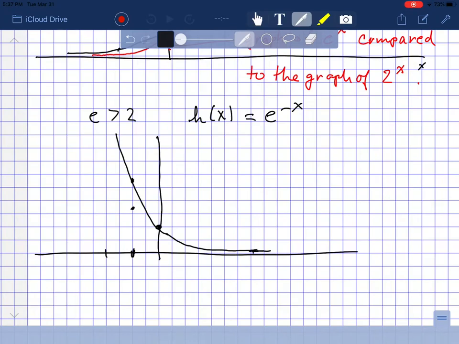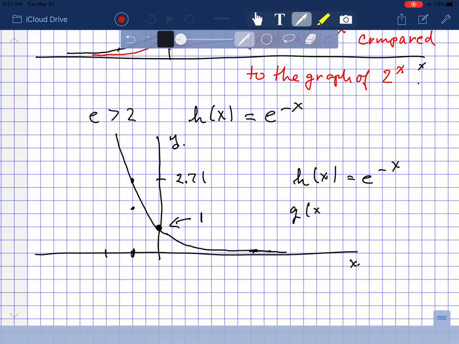And, oops, it approaches this line exponentially. Okay, and this value here, this is supposed to be 2.71, and right here, this is just 1. Okay, so that's what the graph of h of x equal to e to the minus x would look like.